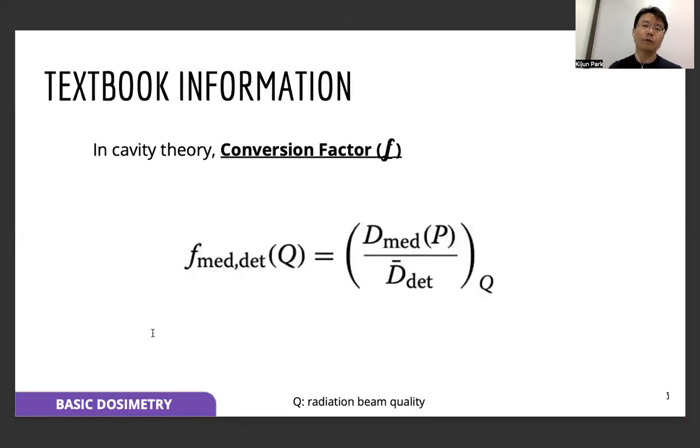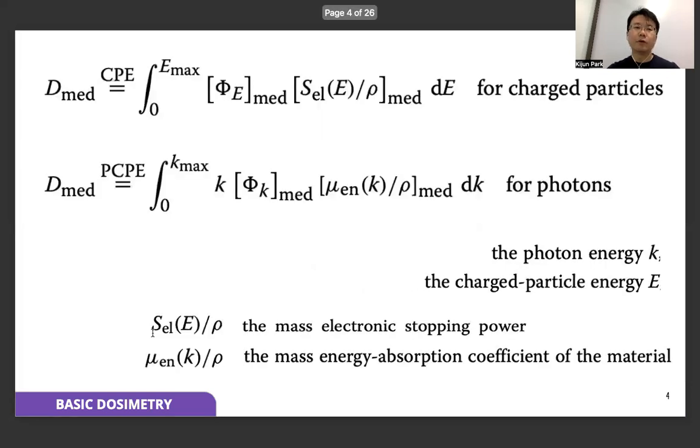As you know from the textbook, we know very well about the conversion factor between the medium and the detector. The ratio between the medium and detector is described by the conversion factor as a function of the radiation beam quality. Under charged particle equilibrium, for charged particles, the fluence of the particles times the stopping power integrated over the given energy range will be equal to that in the medium.